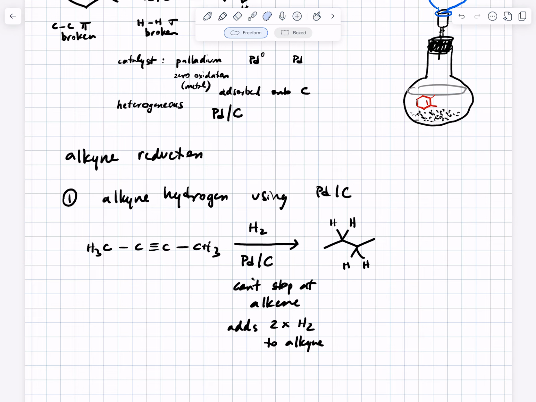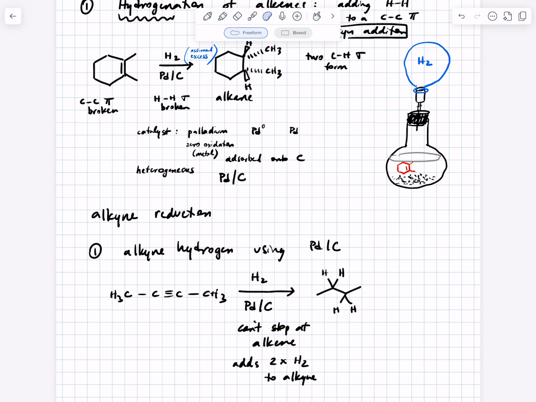You first add 1 molecule of hydrogen to reduce the alkyne to the alkene, and then you add a second equivalent because you already know alkenes react. The alkene will react again with a second equivalent of hydrogen to give you the alkane. Now, a question that people want to ask is, could I just add 1 equivalent of hydrogen? And the answer is sure, if you could measure it out, but that's often impractical.